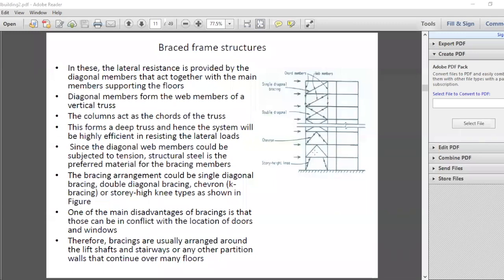But in this situation, it may be possible to have openings here. So one of the main disadvantages of bracings is that they conflict with the location of doors and windows. Because of that, generally we tend to arrange all these diagonal bracings around the lift core area, which is located centrally.